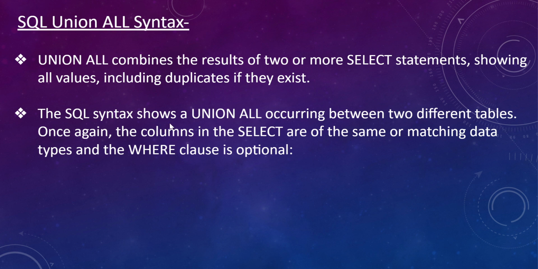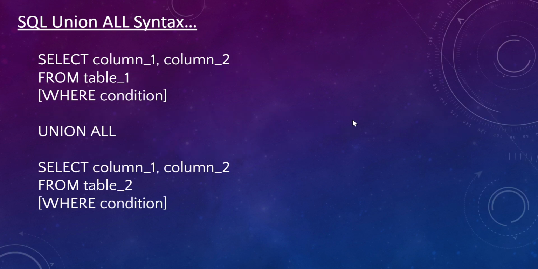The SQL syntax shows a union all occurring between two different tables. Once again, the columns in the select are of the same or matching data types, and the where clause is optional. All the corresponding columns we write in the select statements should be of the same data type, otherwise you will get an error.